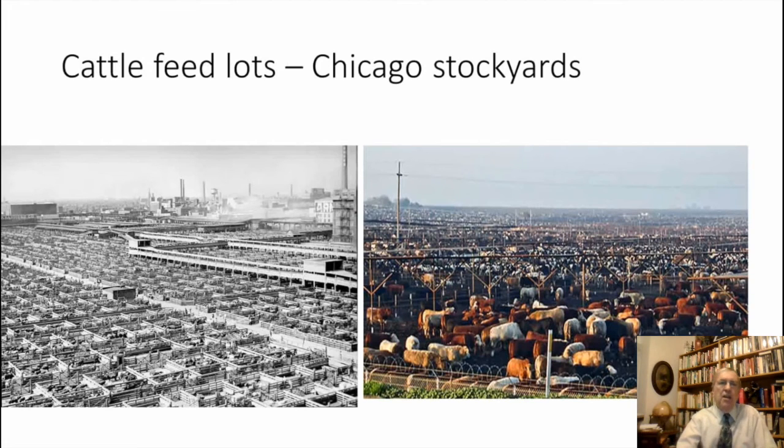And in the old days, through the 60s, that was in Chicago. They're called the Union Stockyards. You can see them here. The cattle were penned in, just eating for 4 to 6 months. This now is more like places such as Kansas City. It's moved west a bit, but the process is still the same.